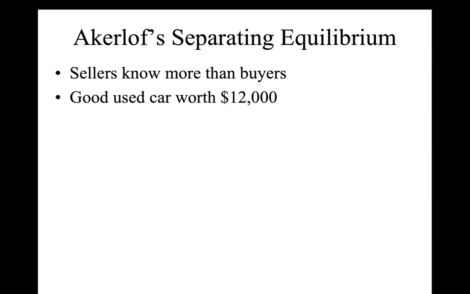All right, so let's look at this used car example. We have a good used car and a bad used car. Now what we need to understand here is that this car, if we're looking at good versus bad, let's assume that it's the same brand, the same model, the same year, the same mileage, the same color, the same features, right?